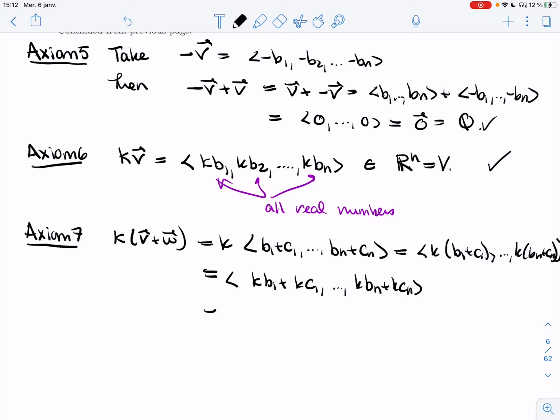And then this is KB1, KBN plus KC1, KCN. And so that's KV plus KW.